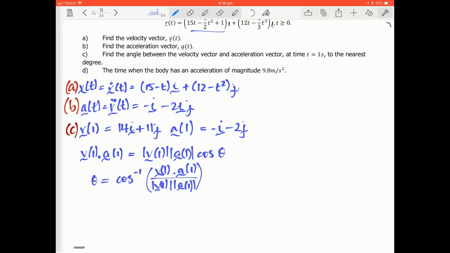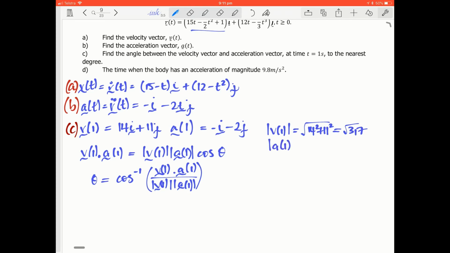Okay, we know mod v1 is equal to the square root of 14 squared plus 11 squared. 196 plus 121 is root 317. Okay, a1 magnitude is 1 squared plus 2 squared, which is root 5.